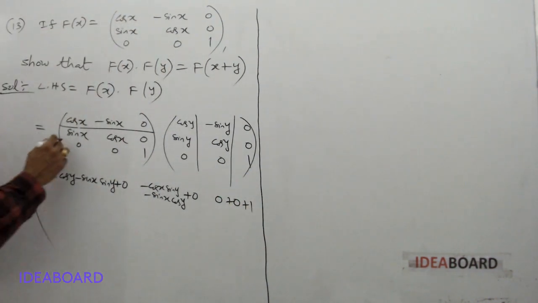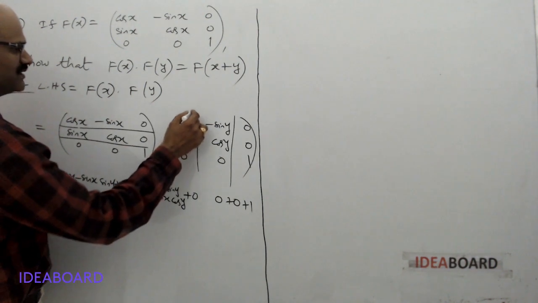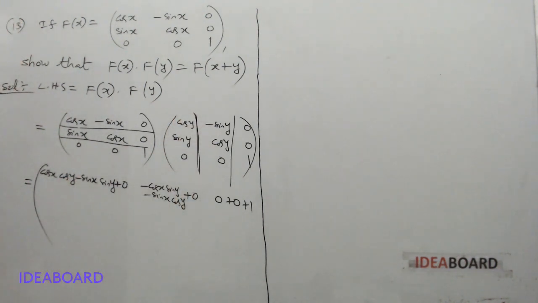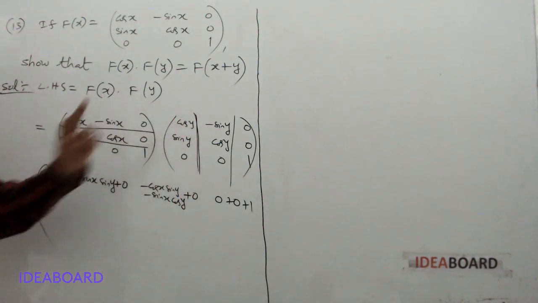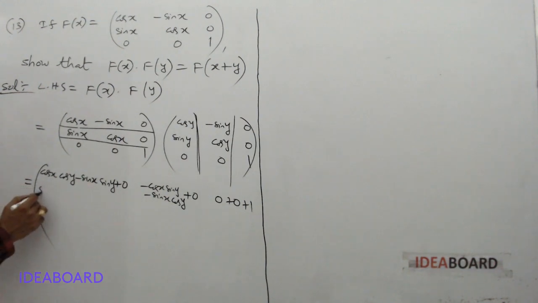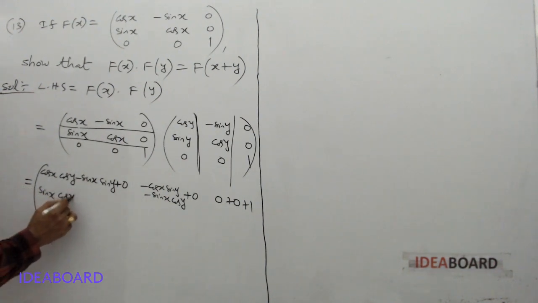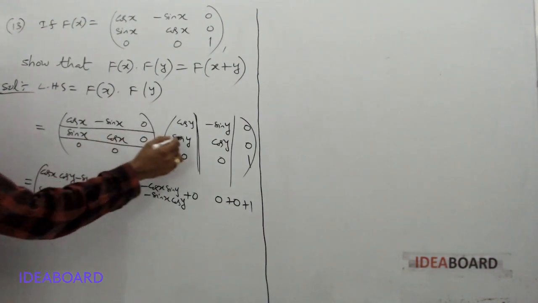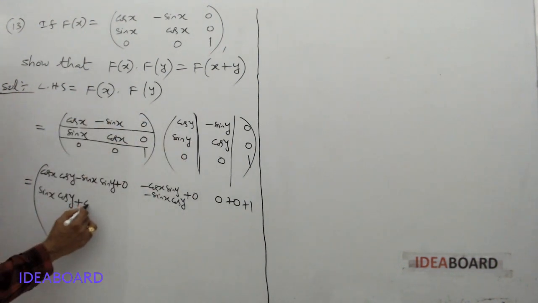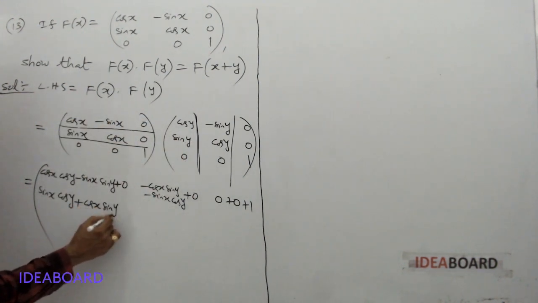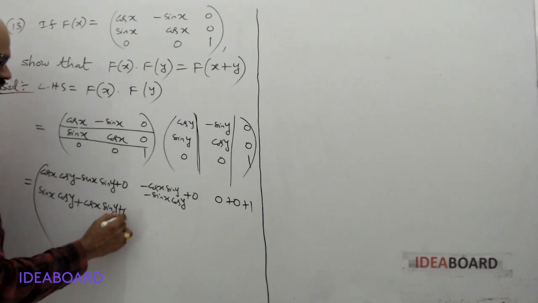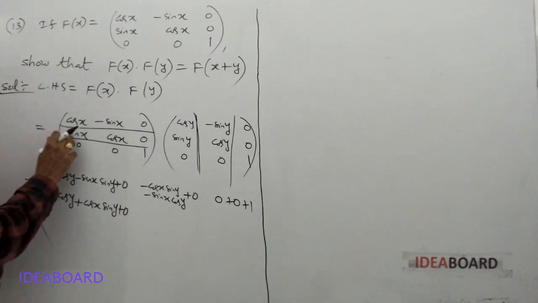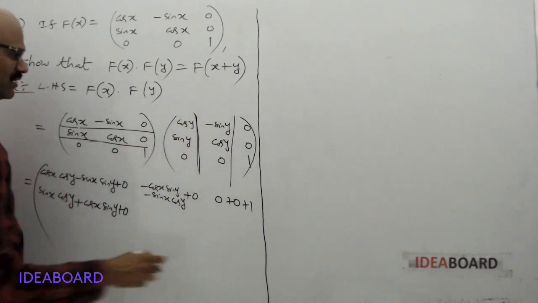Next, multiply second row with the first column. Sin x into cos y, plus cos x into sin y plus 0. Next, second row with the second column.